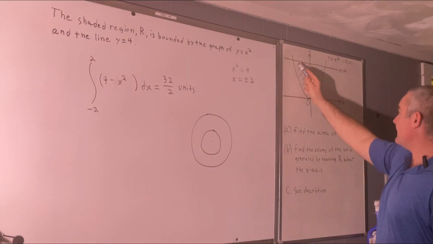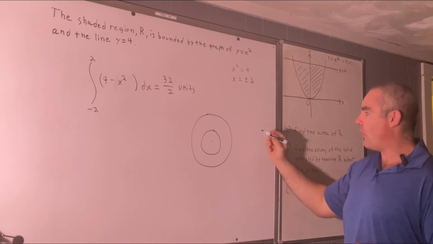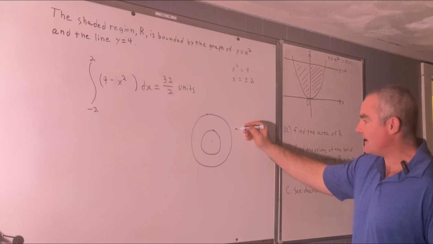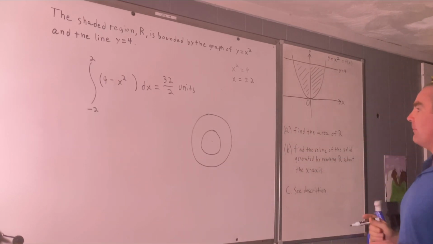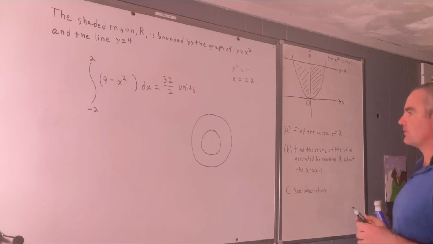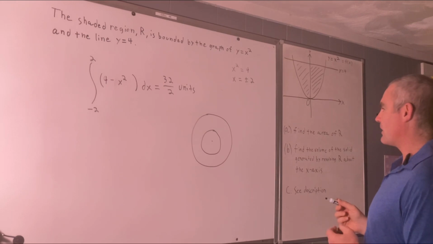And we're doing an infinite number of them with an incredibly small height this time. We're going to have an actual height to this ring, or washer, however your professor has told you to call it. This is either the ring or the washer method. We'll say washer. I think that's more common.